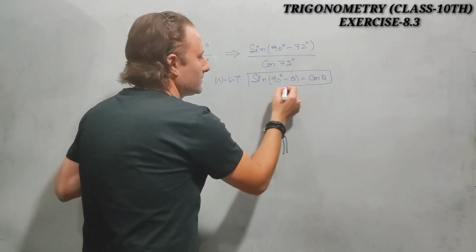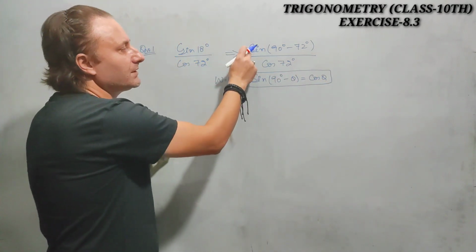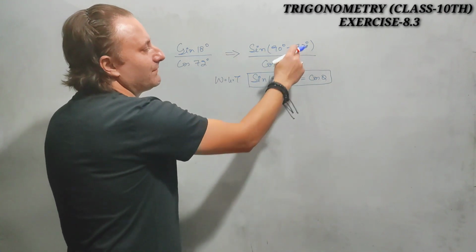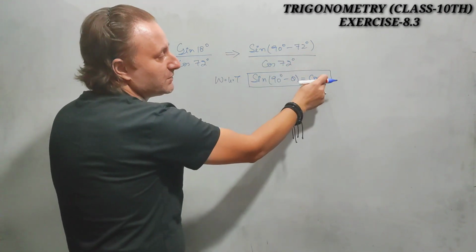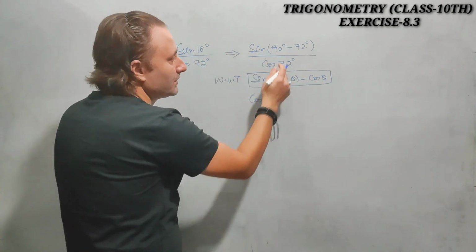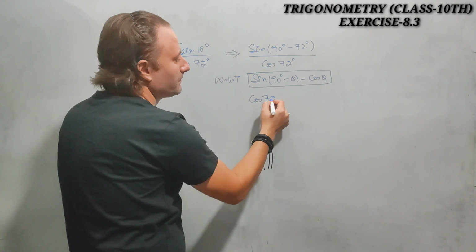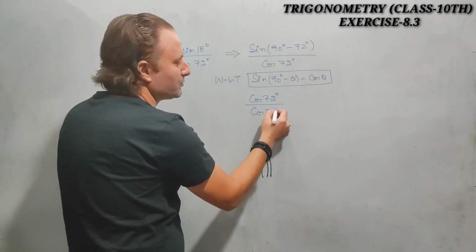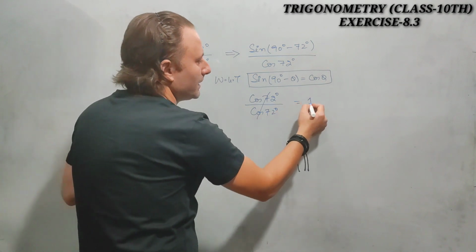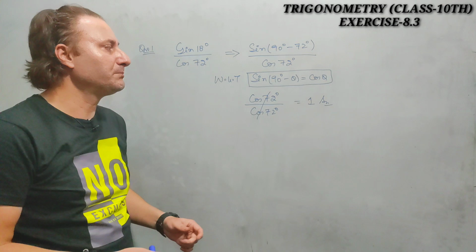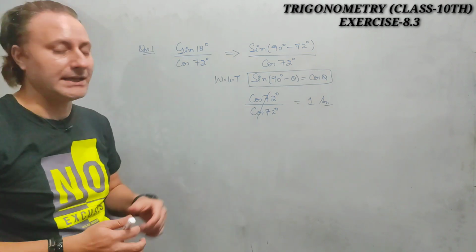So I can write this as sine 90 with theta as 72 degrees, which means we have to write cos theta, so this becomes cos 72. And then in the denominator, I have cos 72 degree. This cancels, and we have the answer 1. Clear? This is pretty simple. If you know the formula, you will get the answer.